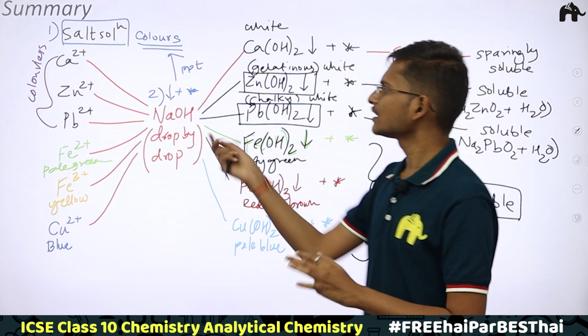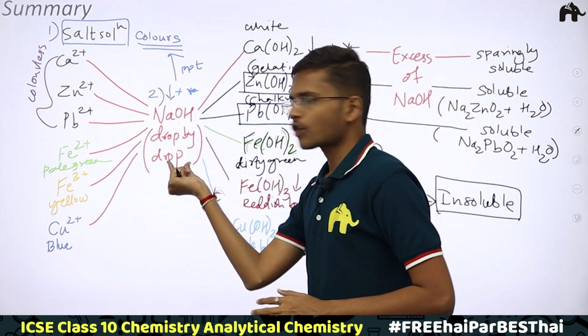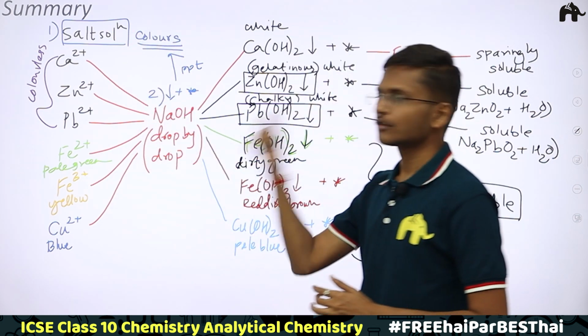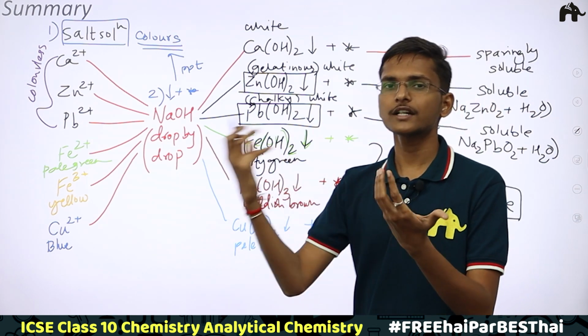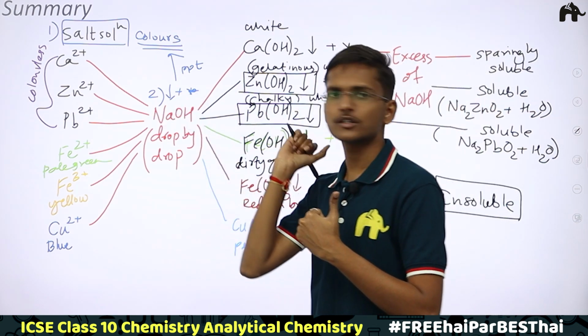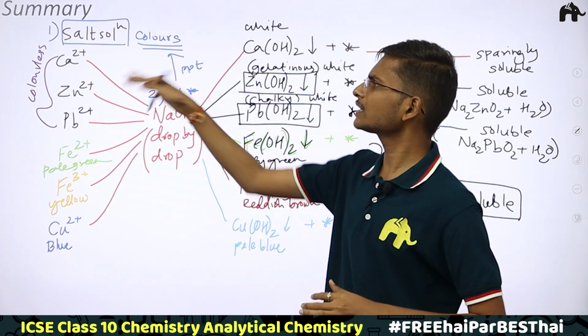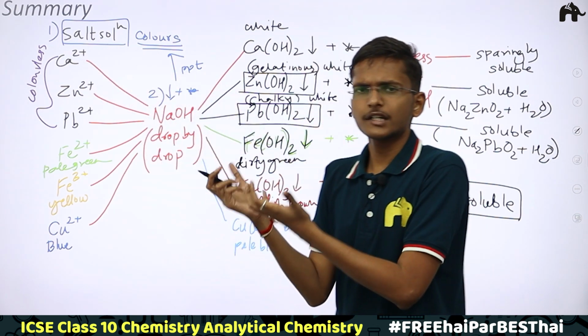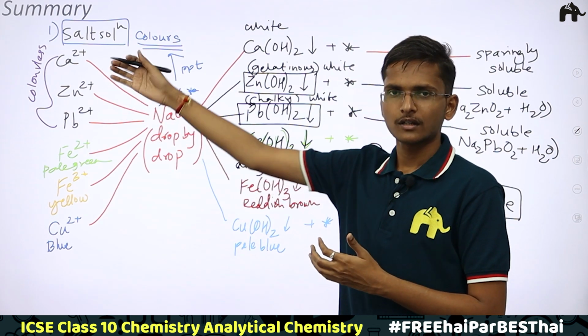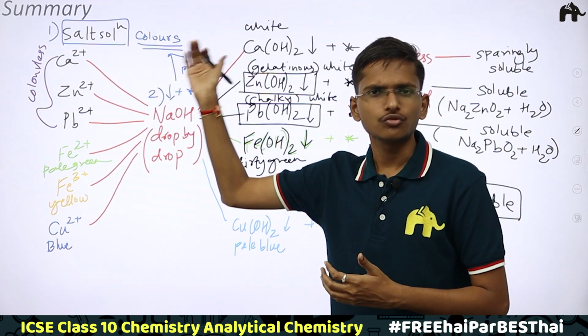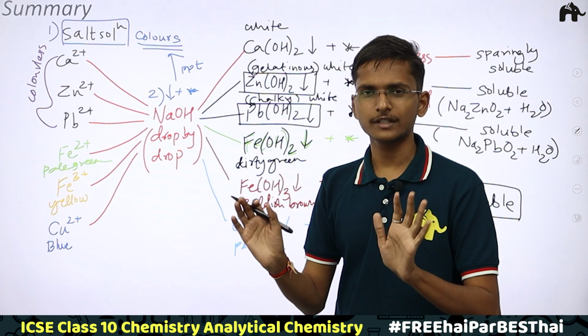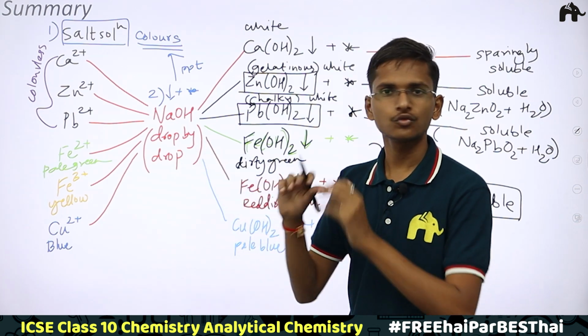Very simple. Second thing, when we are adding NaOH drop by drop into these metallic salt solutions, what is happening? We know precipitate is formed and soluble salt is formed, right? So we have to just write the precipitate's name. Soluble salt you can figure out when you know the particular salt in that particular metallic salt solution. And I have told you everything about it, how to figure out that salt, the solubility rules and all those things.